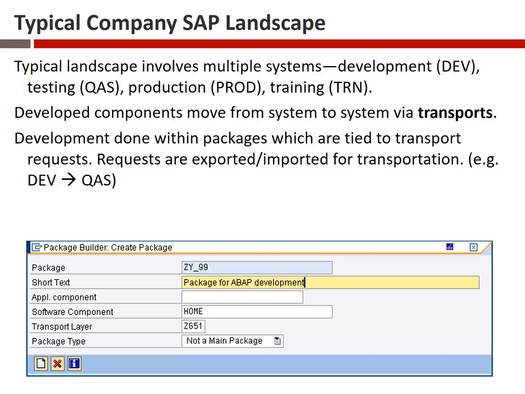So the idea here is we kind of start development from day one, understanding that the life cycle of this program will cause it to move from one system to another system over its life cycle.